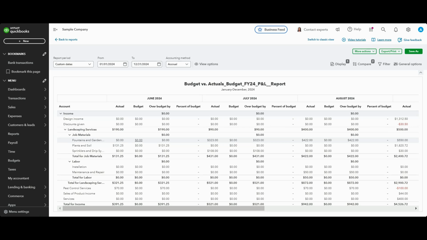So you have to analyze the numbers, not just look at this report and say, oh, my marketing budget is 50% over what I expected. There could be a very valid reason for that. For example, your marketing budget went up by 50%, but at the same time, your revenue went up by 75% because of spending more on marketing. So you have to analyze the budget versus actual report.